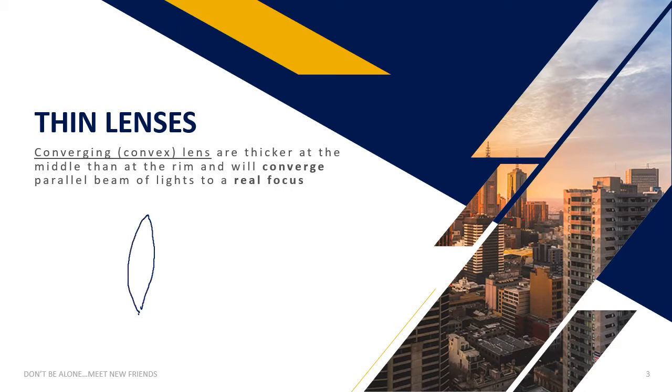Yan na, 'di ba? Thicker at the middle, so kani middle part, then at the rim it will converge. Then if ever na tay light dire gikan dire, musulod siya sa ato ang lens. So ang mahitabo na niya, i-converge.